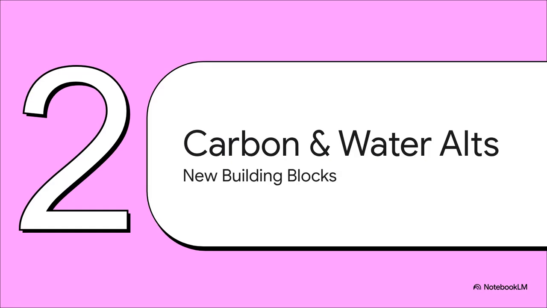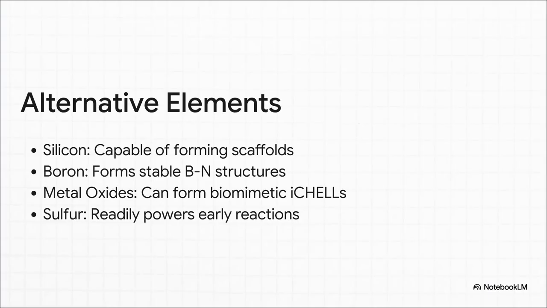Section 2. Carbon and water alternatives. Okay, so if life is basically just an evolutionary process of interacting molecules, let's look at how we might swap out those fundamental building blocks. On Earth, carbon is the undisputed king. But there are other elements waiting in the wings. Silicon, which sits right below carbon on the periodic table, can form very similar molecular scaffolds.